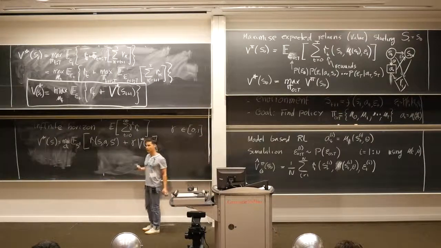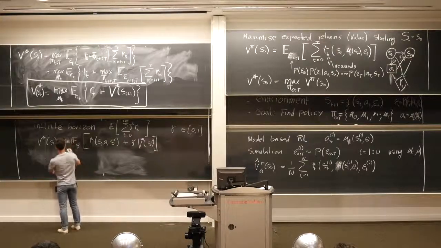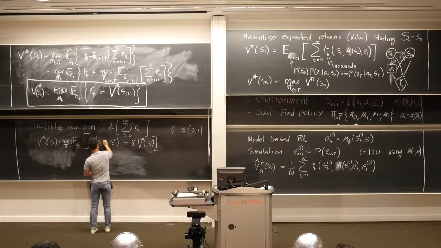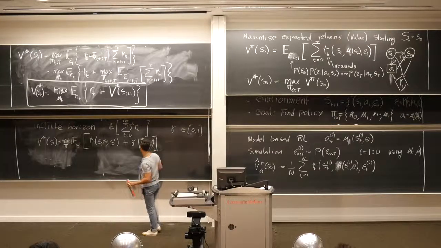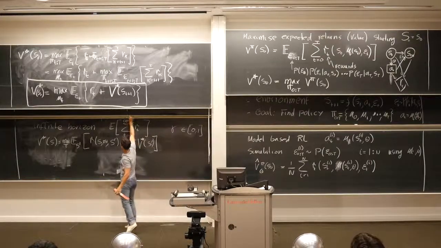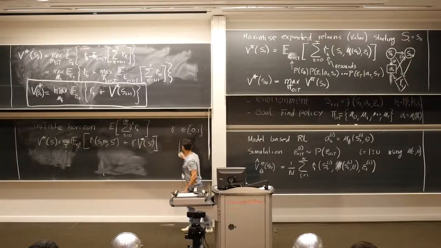Often when you have a control problem, let me rewrite this again as a function, pi of s, just to illustrate the following. Let's assume that I want to solve this for a discrete problem.